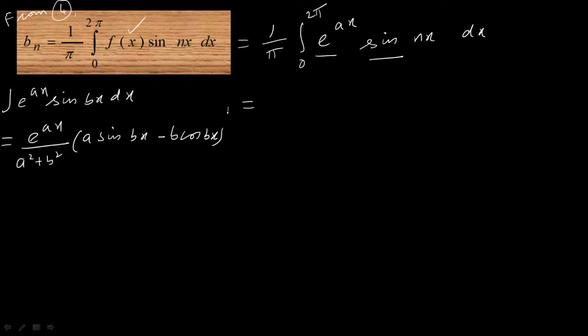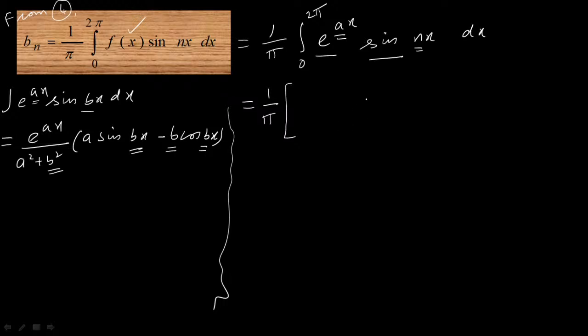So now this is equal to 1 by pi of, look at here, in the formula itself we have exponential power a, but here whereas sine function has bx, here sine function has nx. Only the difference is you just replace b by n in the formula, that's enough.